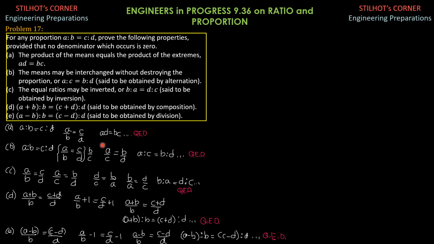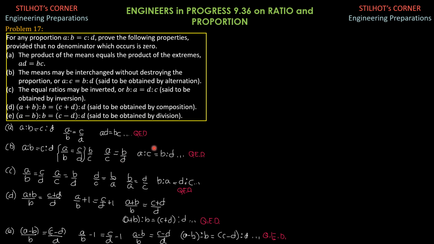Then B, the means may be interchanged. So a is to b equals c is to d. We can write it in this equation, a over b equals c is to d, multiplying everything by b over c. So we'll have a over c, because we can cancel b, equals b over d.